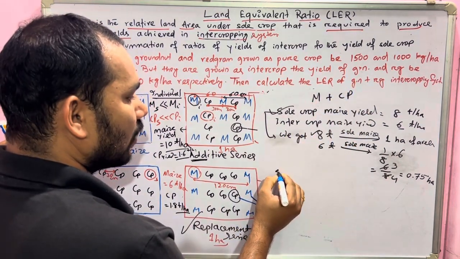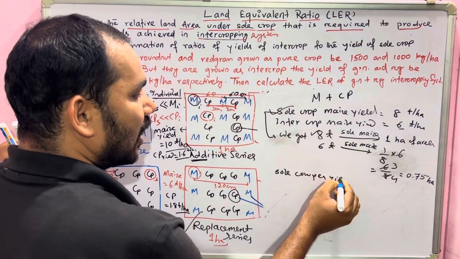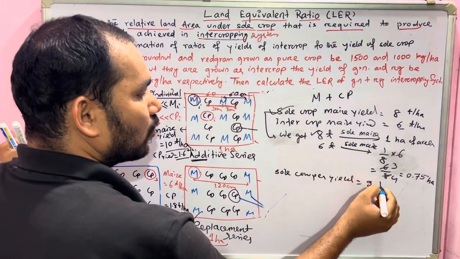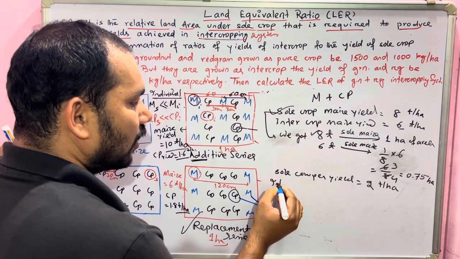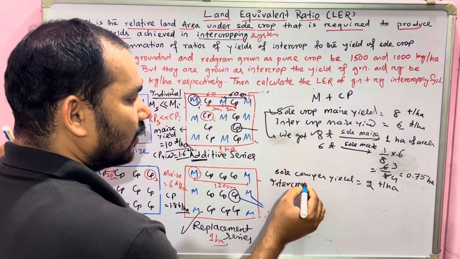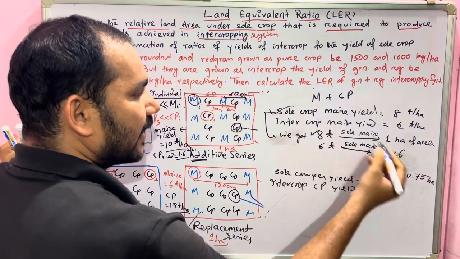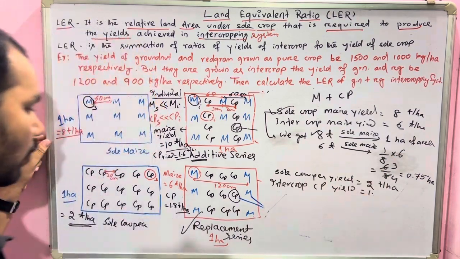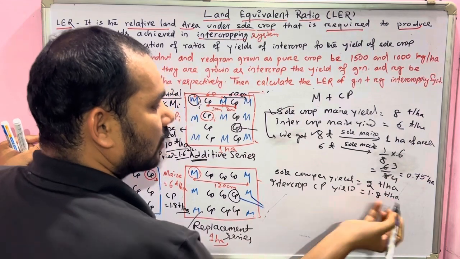So the sole cowpea yield, how much? Sir, 2 ton per hectare. Okay. What is the intercrop cowpea yield? Sir, it is 1.8 ton per hectare. Okay.